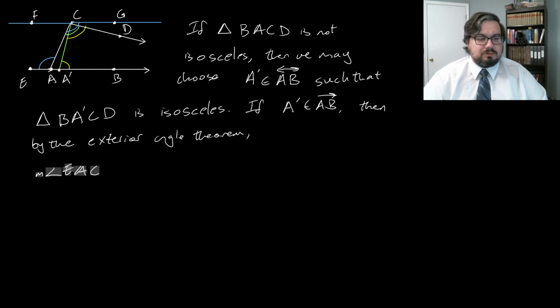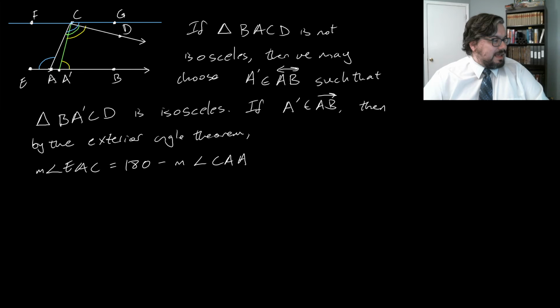Let me give myself some more room. We have that the measure of angle EAC is equal to 180 minus the measure of angle CAA prime.